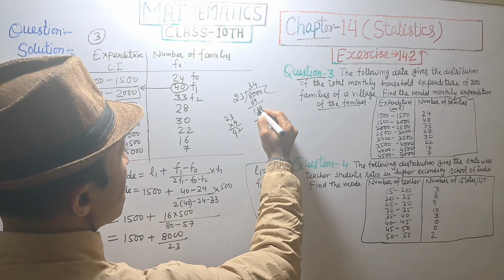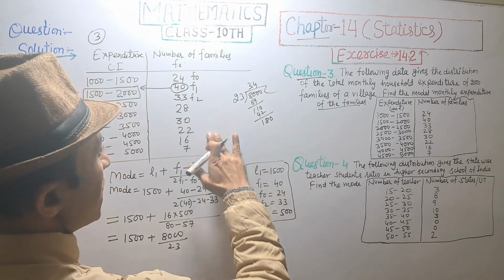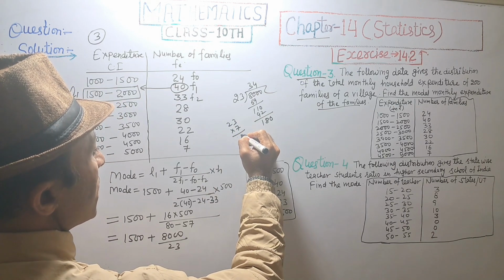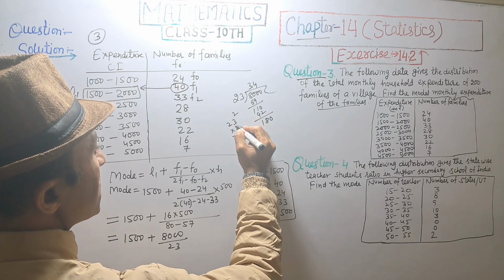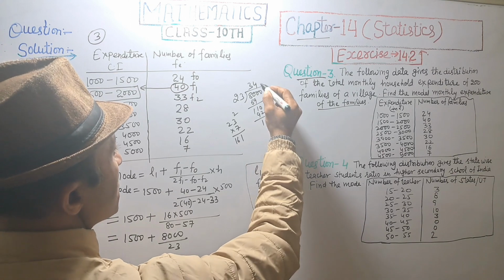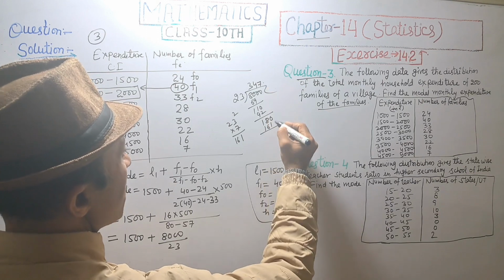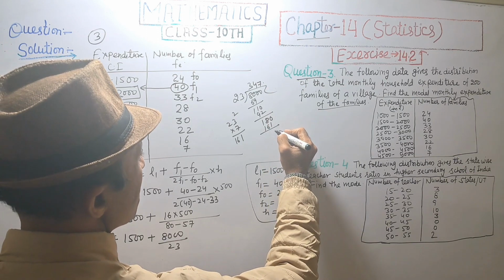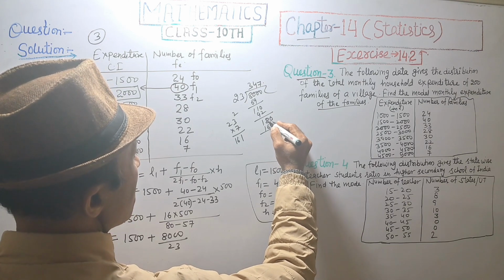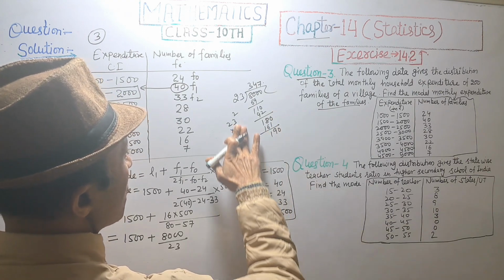That is 8, 180. 23 multiplied by 7, 7 3s are 21, 2 carry 7, 7 2s are 14, 16, 161. 10 minus 1 is equal to 9, and 7 minus 6 is equal to 1, 10.